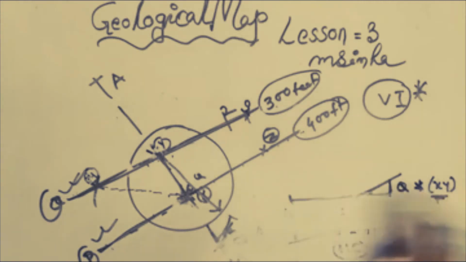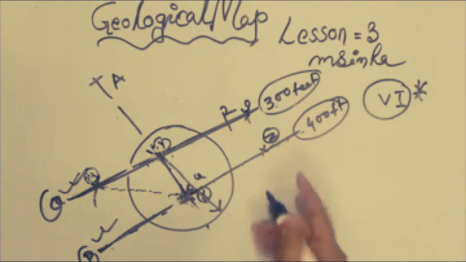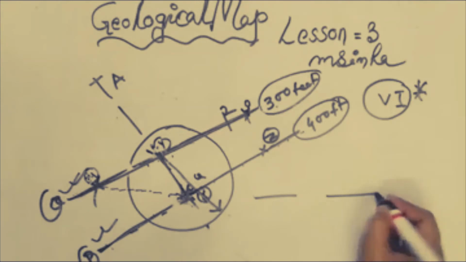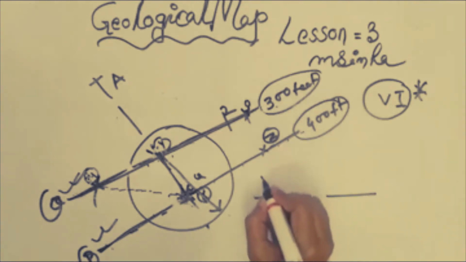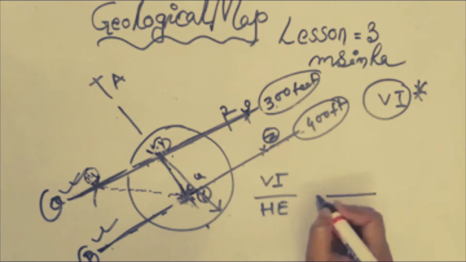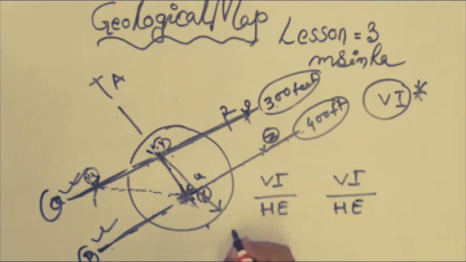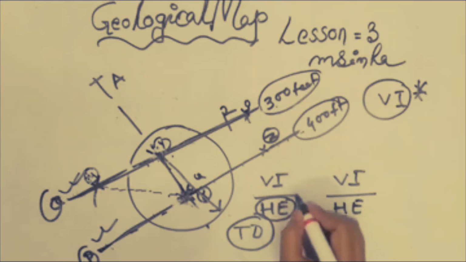Okay, so you get a clear idea for the first case, second case and third case. For all dips, basically, there is the vertical interval and the horizontal equivalent. For the case of true dip, the horizontal equivalent is the minimum distance.